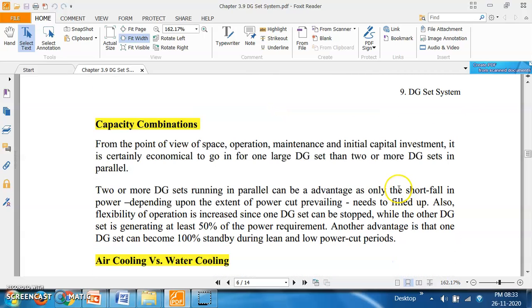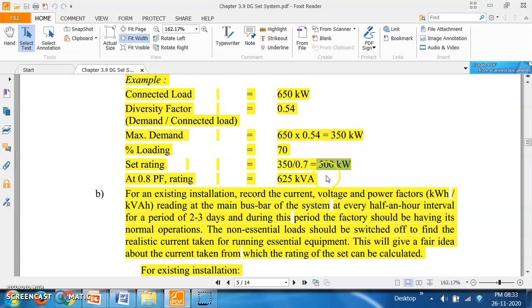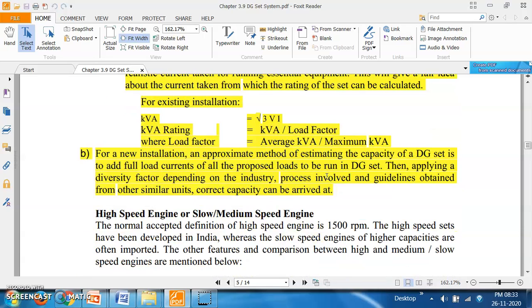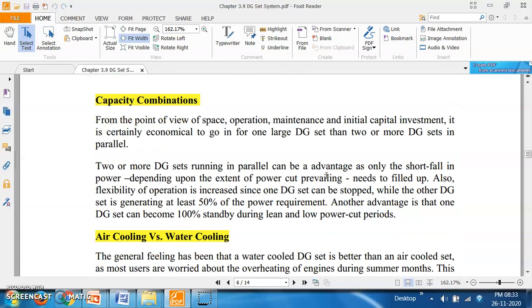And the next thing is capacity combination. Suppose you calculated you require a 625 kVA DG set, right? Can you purchase 625 kVA as a single unit or 2 units? Which one is beneficial? So think of this.